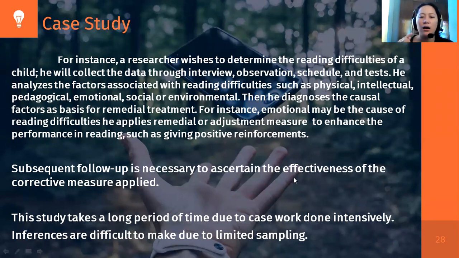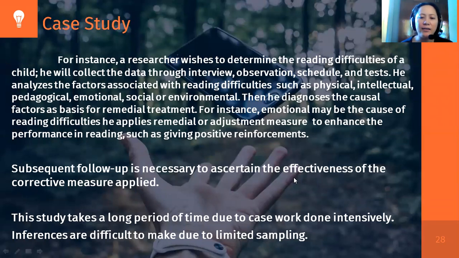So once he discovers that the emotional is the cause of the reading difficulty, then he will apply an adjustment measure, perhaps by giving again positive reinforcements or by encouraging the child. Maybe he lacks some moral support or encouragement or words of affirmation.